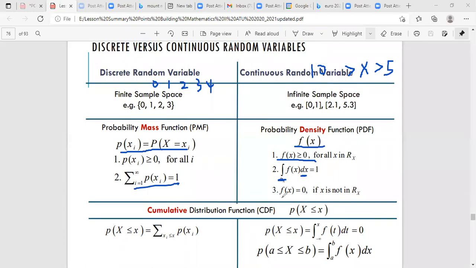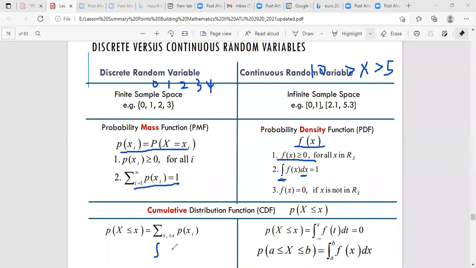In the same context, we can also write a CDF for a continuous random variable. The only difference is that because it's continuous, summation changes to integration. And anytime we are integrating, we integrate from a lower bound to an upper bound.